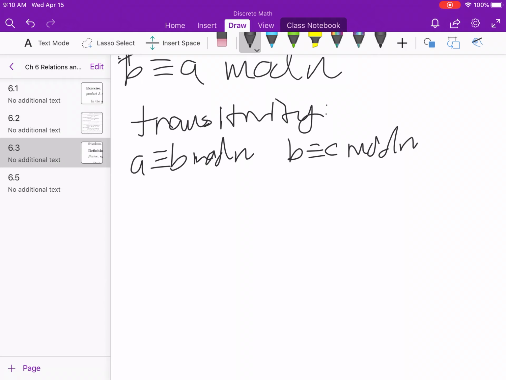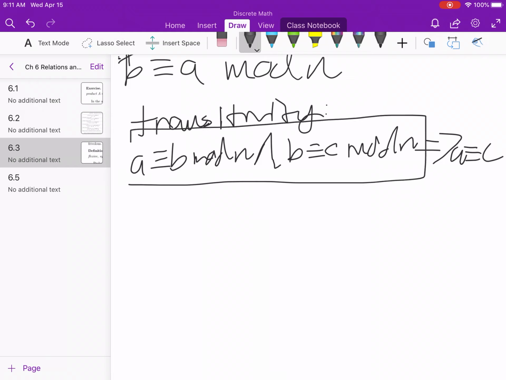Notice we have this 'and', so both of these are true. Then A is congruent to C. So this whole thing is just direct proof time.